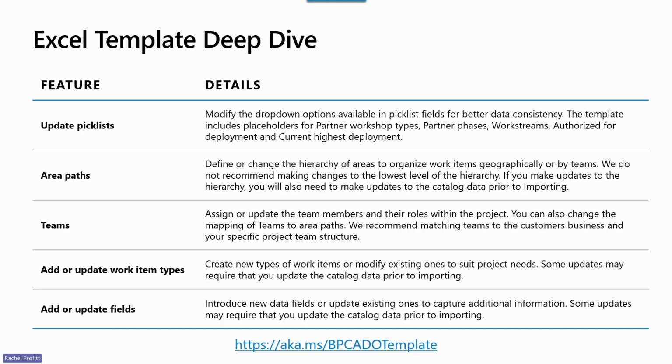We have also pre-created a list of teams for you, but every project and every organization has a slightly different structure. And so what we've pre-created is a good starting point. We actually recommend that the teams is where you make your changes, and then you map the area paths that already exist to the teams that you want to create.